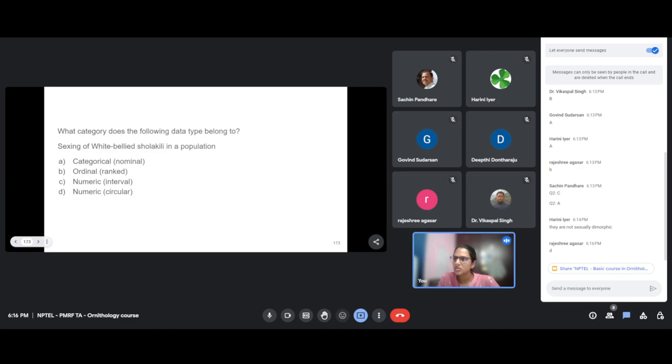Okay, so basically the answer is actually categorical, as the majority of you have mentioned. We'll discuss all the data types once we are done with different examples. Okay, so now, average nest temperature maintained during the incubation period. What type of data is this?